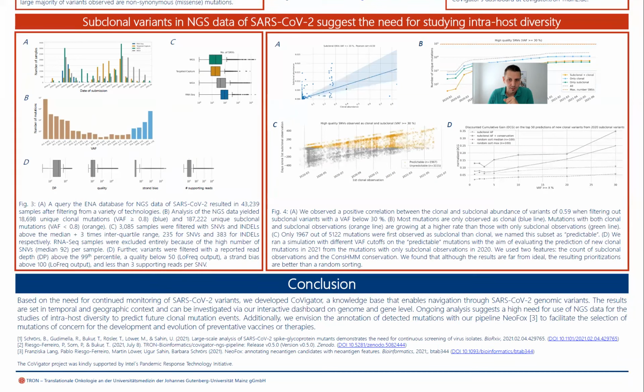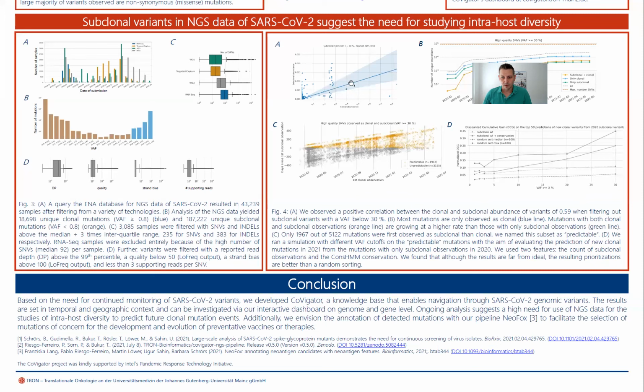We found almost 19,000 unique clonal mutations, and we found over 187,000 unique subclonal mutations. Subclonal in our case means intra-host variants. We filtered this data to contain only high-quality mutations, which is single nucleotide variants and insertions and deletions.